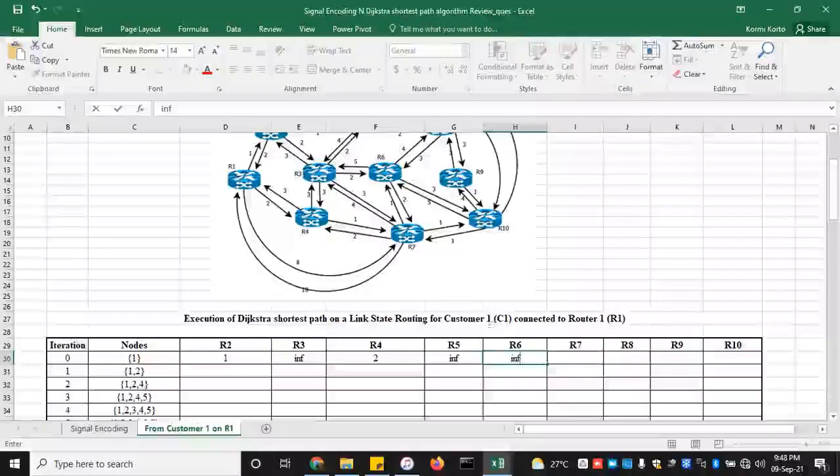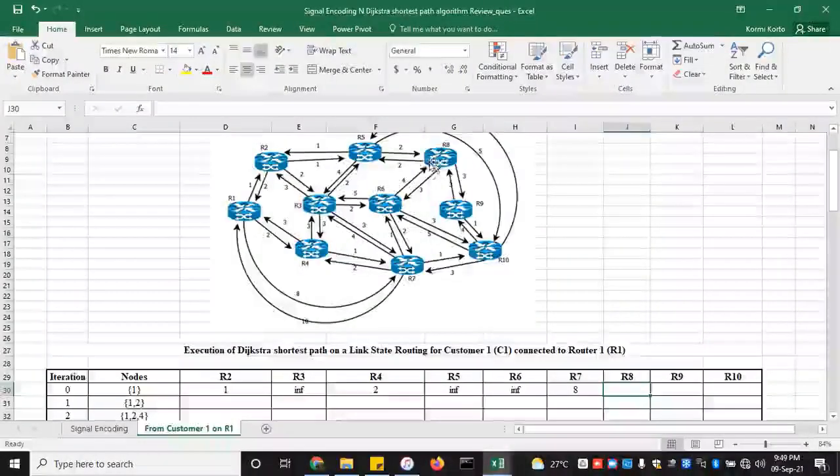But 7, since it has a direct connection to router 1, we'll use its least cost. In this case, the least cost here is 8. That's the direct connection to it. For router 8, or node 8, which is right up here, there are no direct connections.